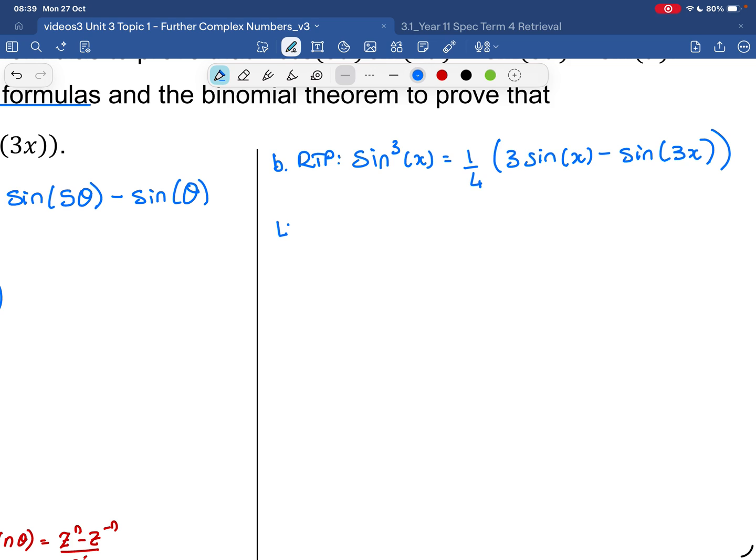Let's start with our left-hand side. That says sine cubed of x is obviously sine of x all cubed, and I know that sine of nx is going to be z to the n minus z to the negative n over 2i.